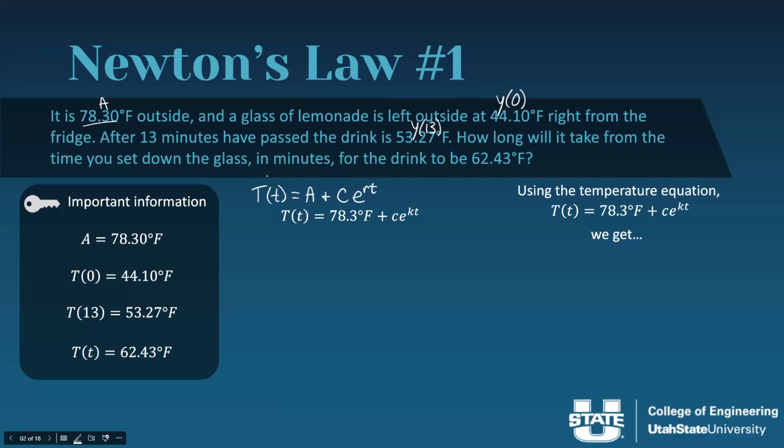So we know at t naught, 44.10 degrees equals 78.3 plus C. And then we can solve for C, which is negative 34.2 degrees. So that's now another piece that we can plug back into our initial equation, right? So we're just filling in these pieces as we go along. Okay, so we can plug that C in.